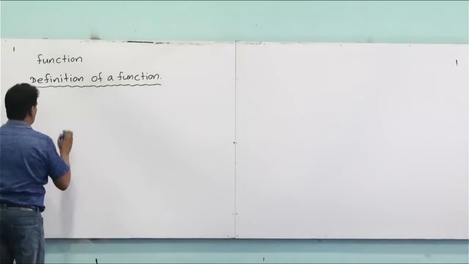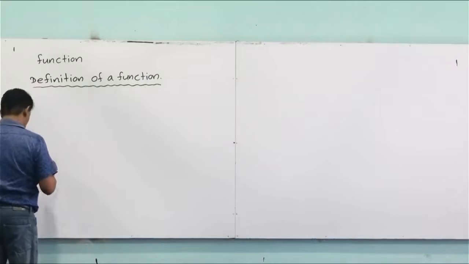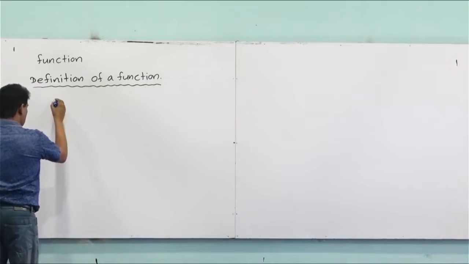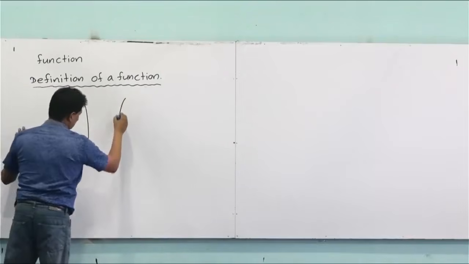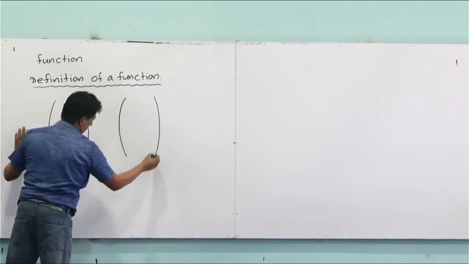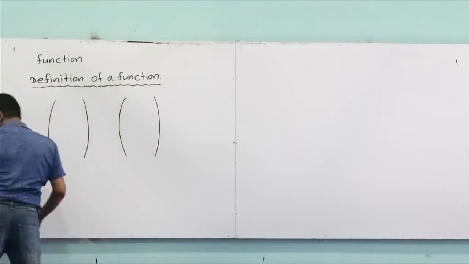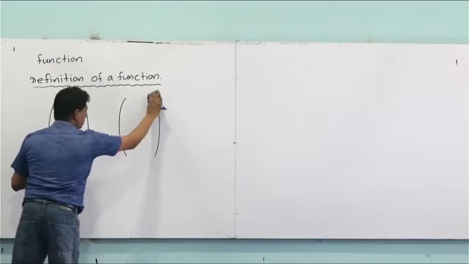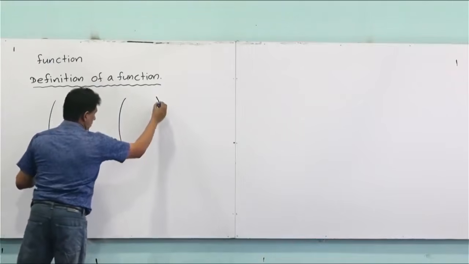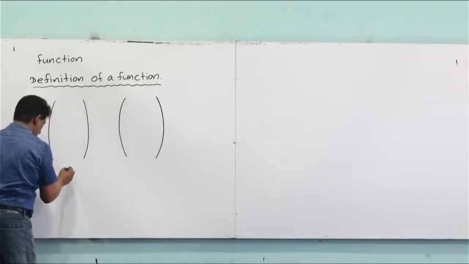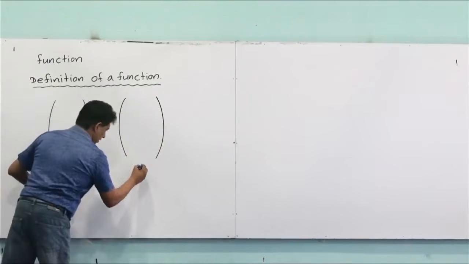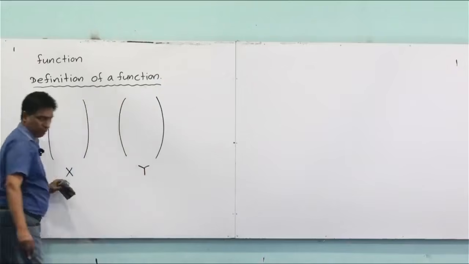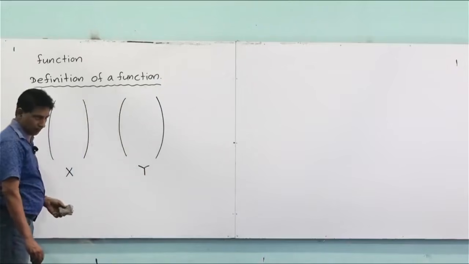Then that mathematician says there are 2 sets, right? There are 2 sets. He named the first set capital X. He named the second set capital Y. Right?